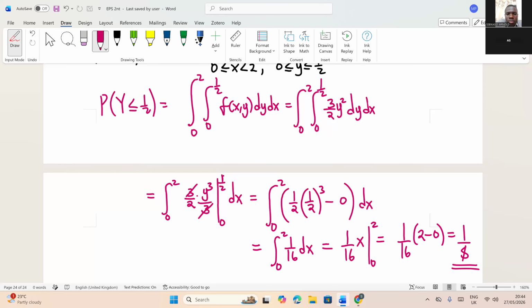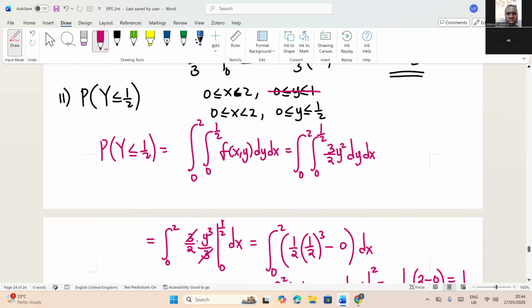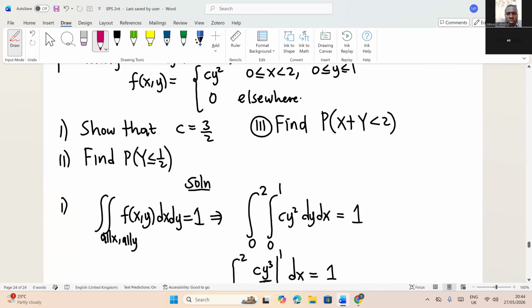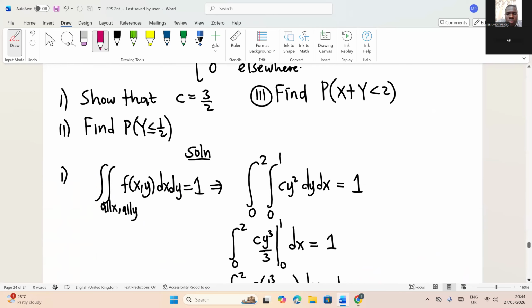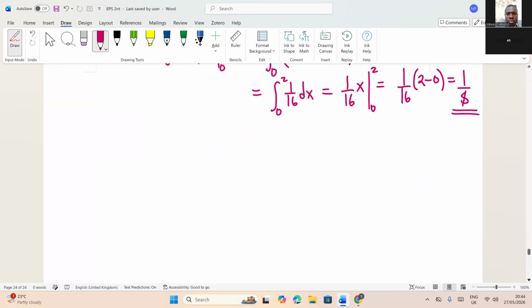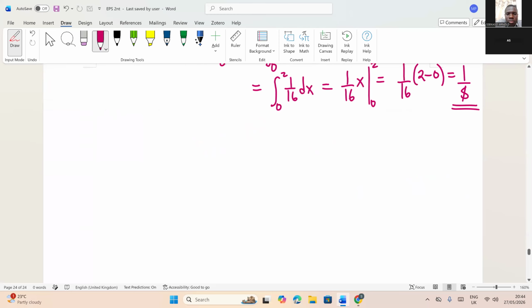Then for Roman 3, they wanted us to find the probability of X plus Y less than 2.